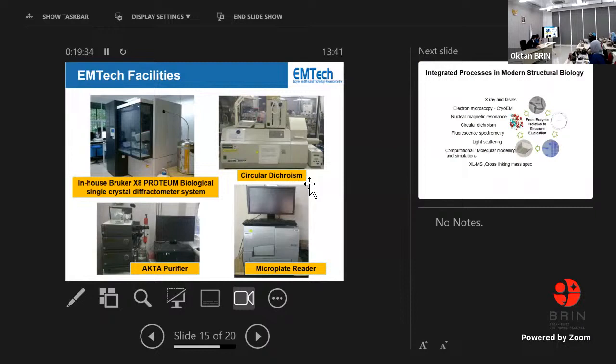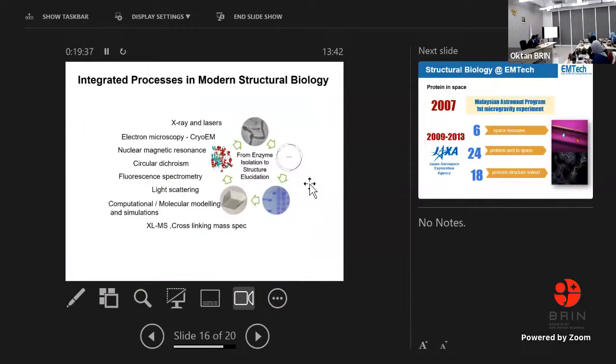So in terms of modern structural biology nowadays, we are talking about utilizing all these tools, not just cryo-EM and X-ray, but all these additional techniques that are made available. Some of which are even in BRIN, so we can have this data complemented to add value to the research findings that we have.